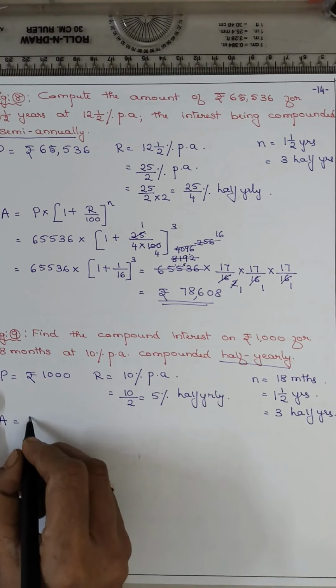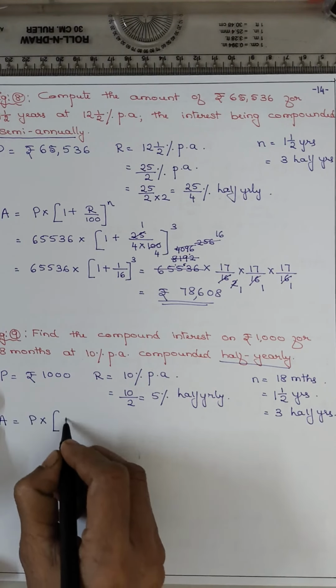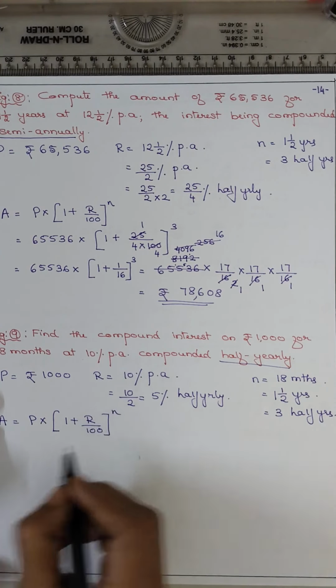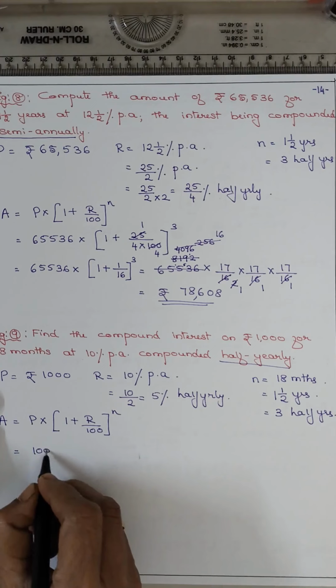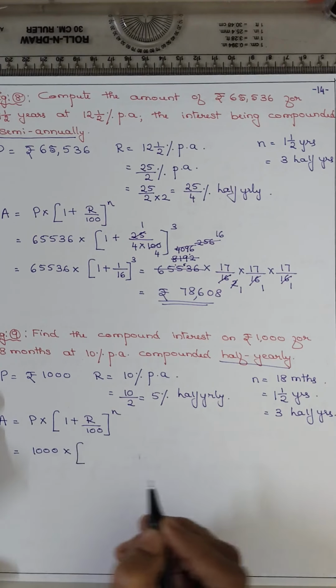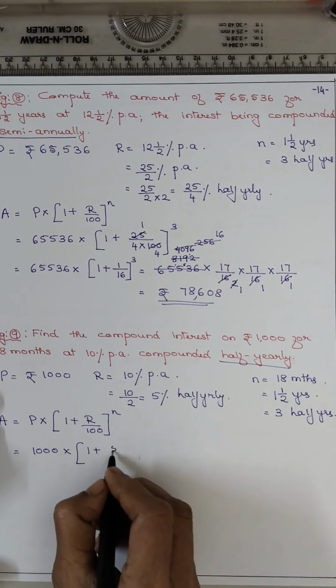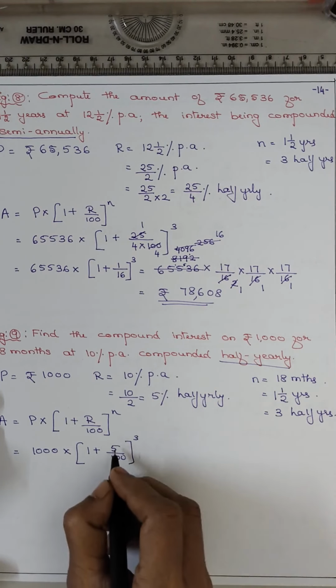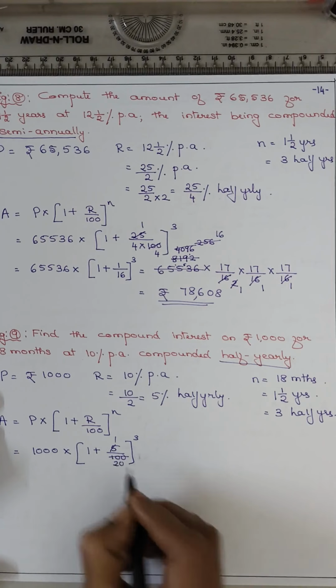A is equal to P into 1 plus R upon 100 the whole raised to N, 1000 into 1 plus 5 upon 100 the whole raised to 3. 5 ones are 5, 20s are.